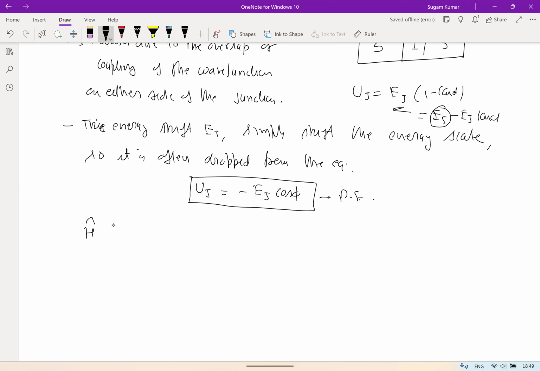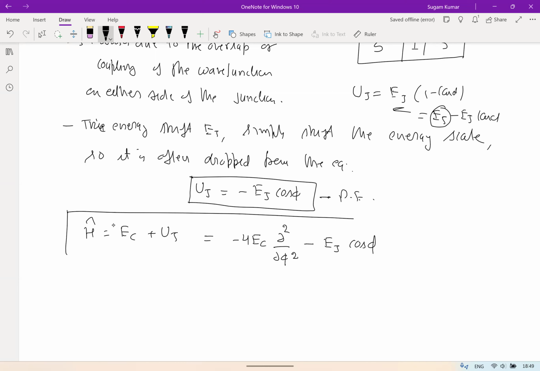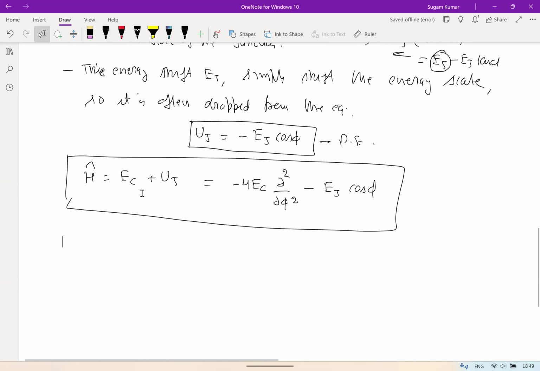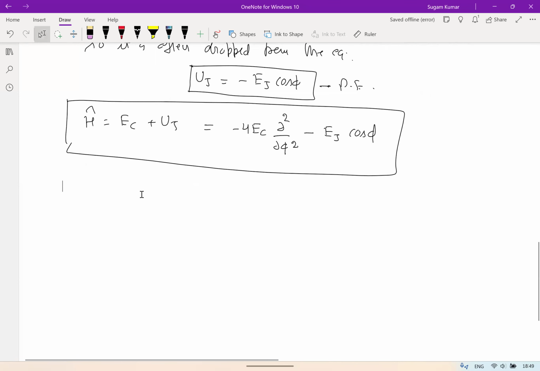Since this H cap is now UC plus UJ, you can see this is equal to minus 4 times EC del square upon del phi square, minus EJ into cos phi. So this is where we are now. And of course, you understand now what this EC is.